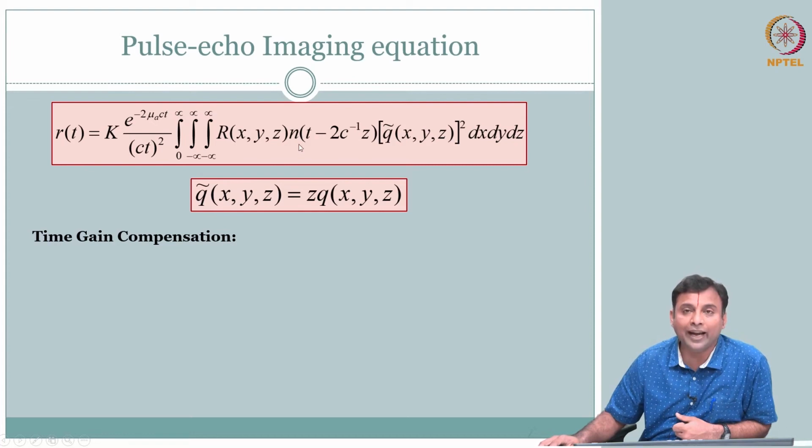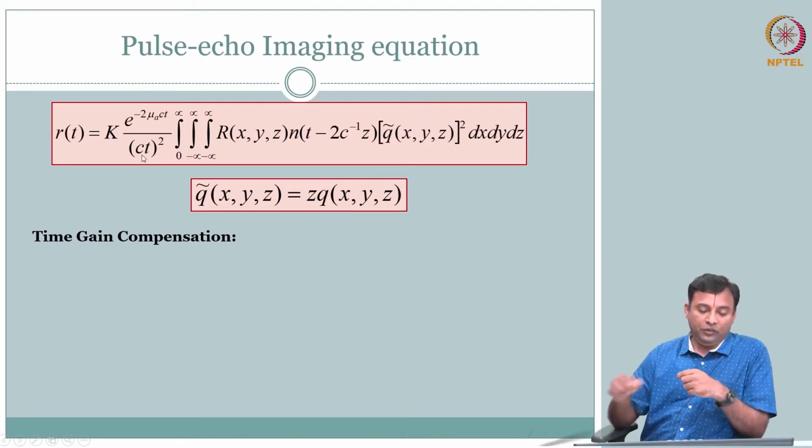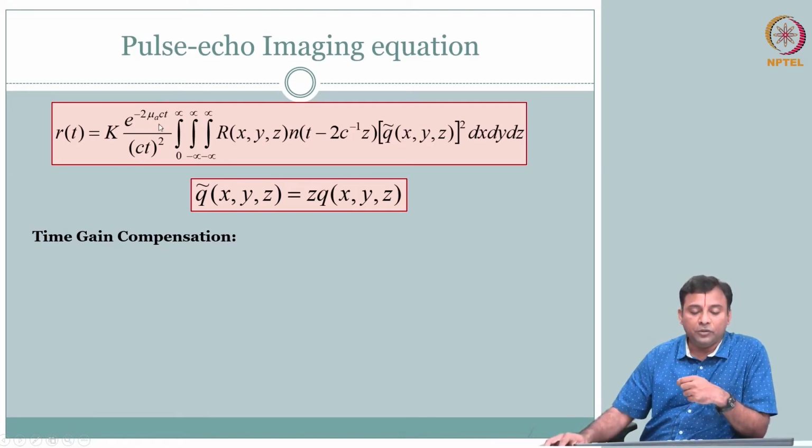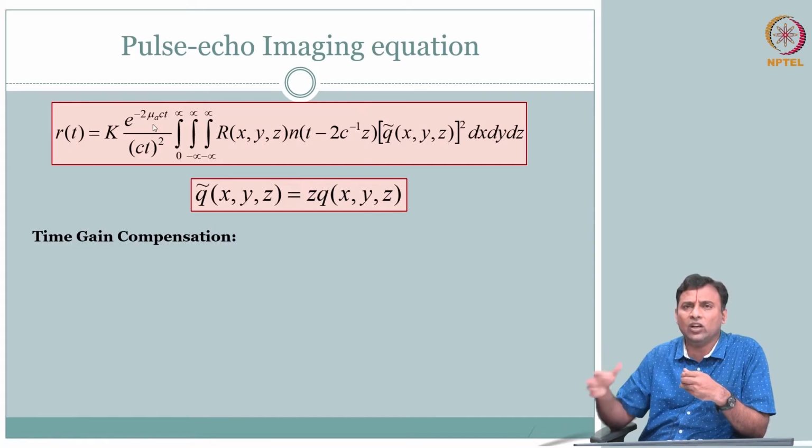Before we write down the n of t, we can make life simple by talking about all this constant that you have, which is all a function of t. You see this mu a c t; mu a is what? Your attenuation, so essentially signal loss.